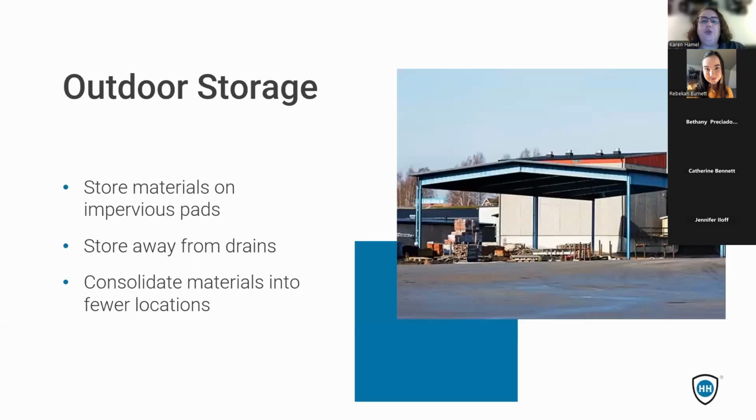If you store things outdoors, are there ways that you can do it so that they're not exposed to the elements? Can you put it in an area that has a cover? Can you put it on that, as I mentioned before, secondary containment system that's maybe portable or temporary? Can we keep things consolidated into one area so that we don't have them spread out over the entire yard?